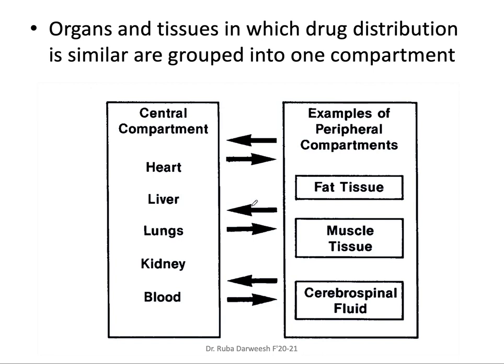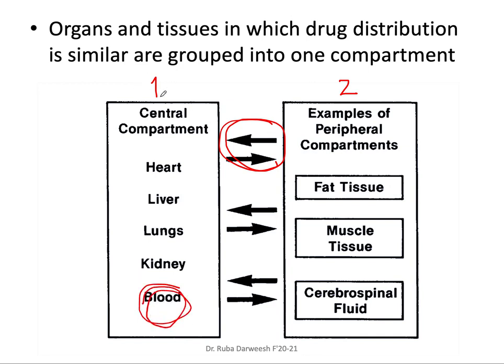And here we have an example of a compartmental model. Again, it's a conventional model, and it's a two compartmental model. We have one compartment and two compartments, and in between we have the reversible process of distribution between the major compartment that usually contains the blood, and the second compartment that contains other organs.